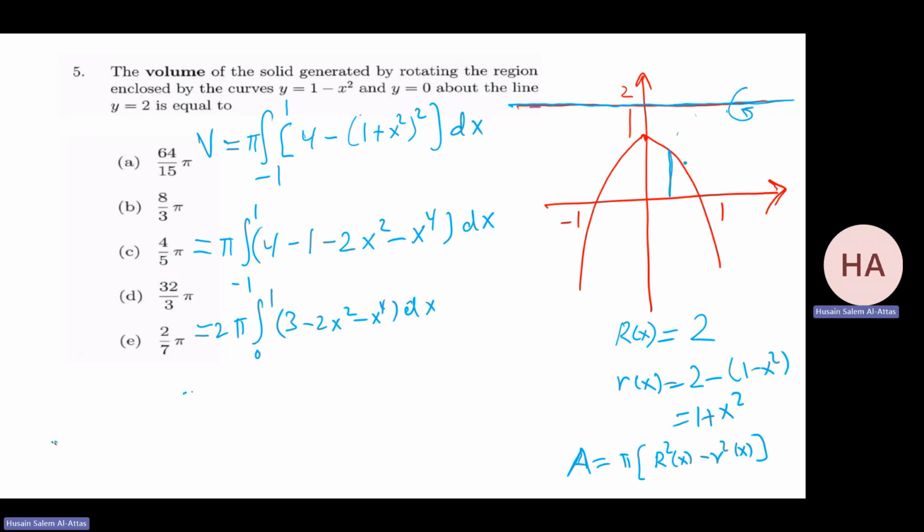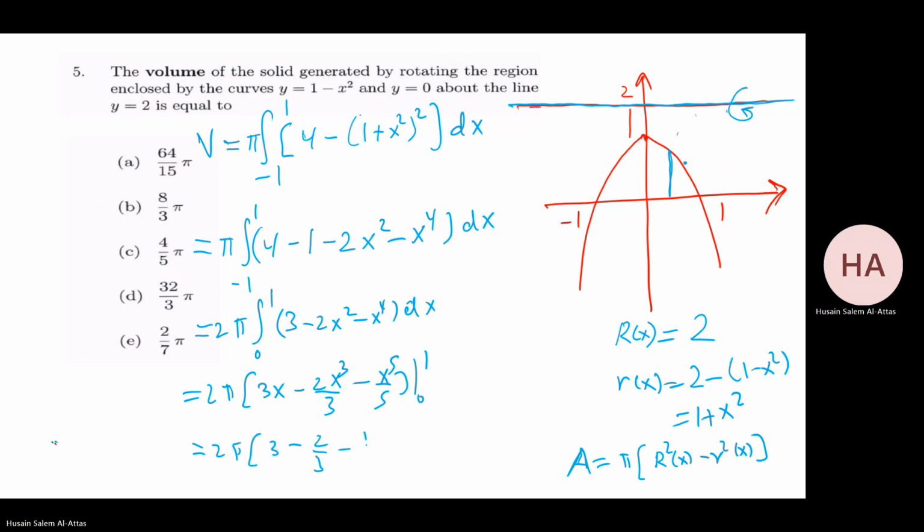That gives me what? 2π times 3x minus 2x cubed over 3 minus x to the power 5 over 5, from 0 to 1. So I need to substitute the 1. That will be 3 minus 2 over 3 minus 1 over 5. That will be 2π times, what is this, 15?